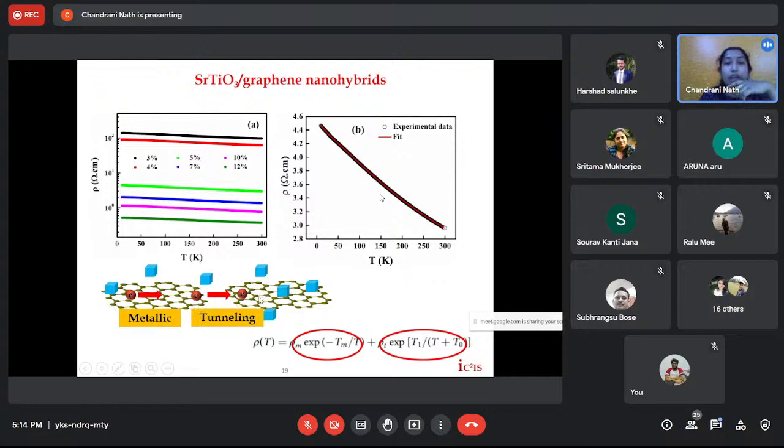The model suggests that in the graphene nanoflakes the conduction is metallic, as we all know graphene is a very good conductor. On the other hand, tunneling of electrons takes place from one graphene flake to another.